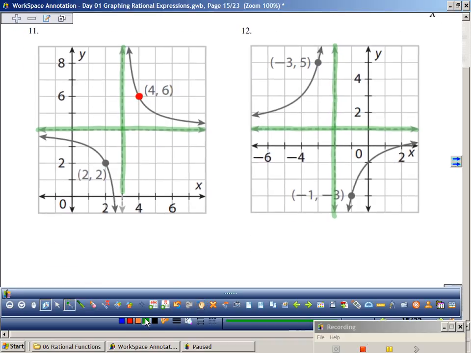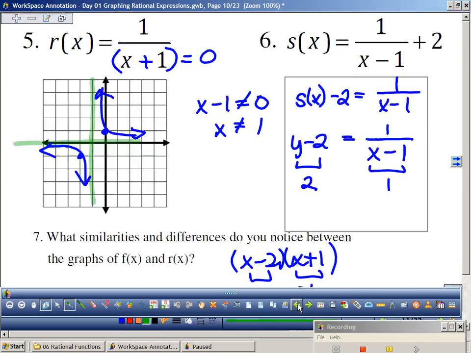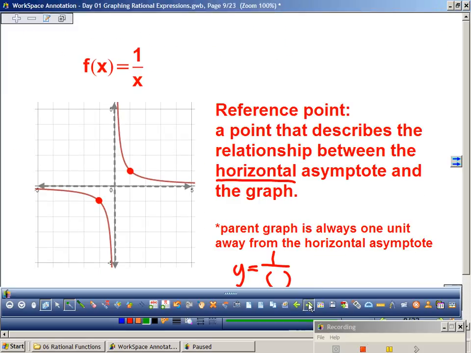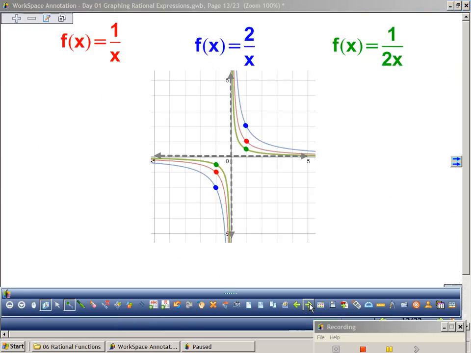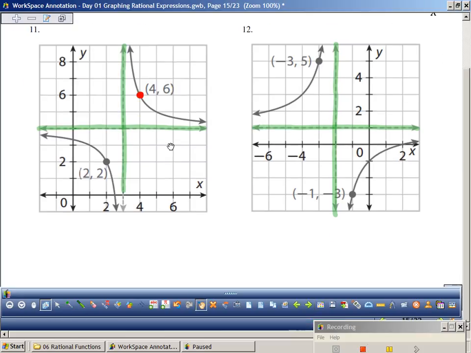So I'm going to work backwards. The first thing I did when I did these was I drew my asymptotes, right? First I was concentrating on the asymptote that was associated with x. So the one that was associated with x is this one, right?